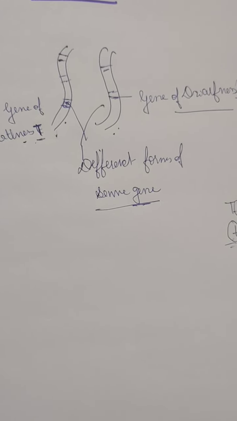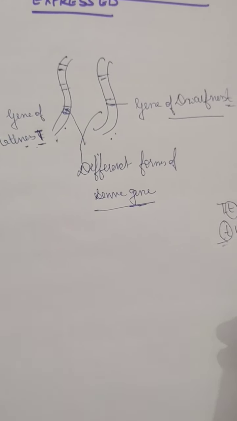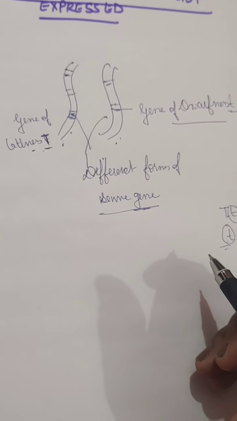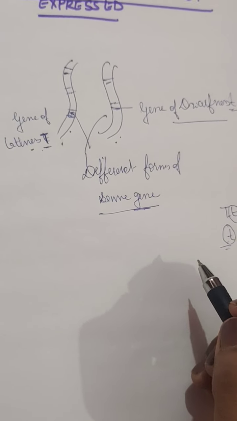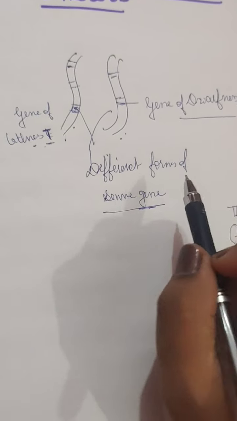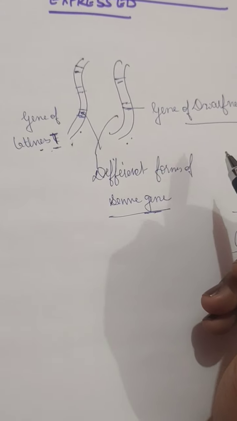Okay, so the two genes of the same characteristic are present in the corresponding positions of a pair of chromosomes. One gene of the pair is for tallness, like in the case of a plant, and the other is for dwarfness.